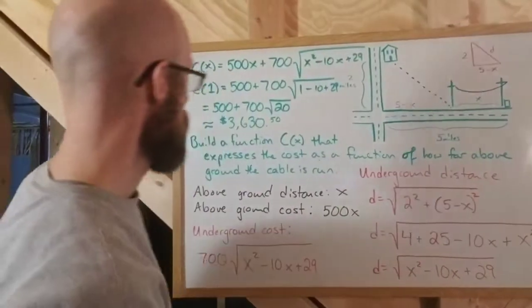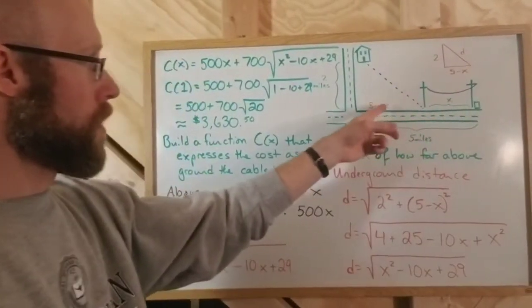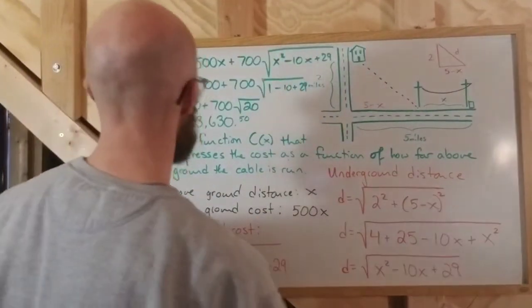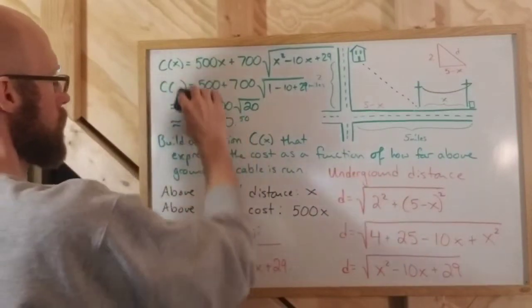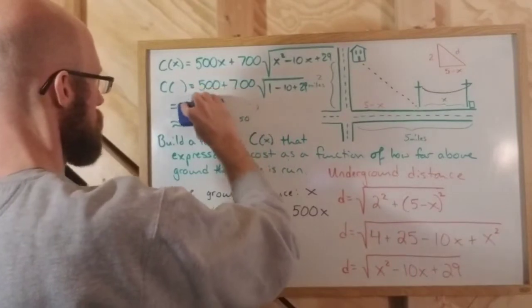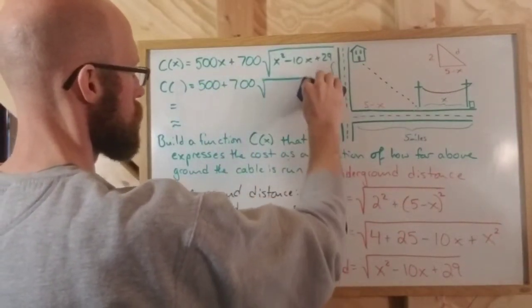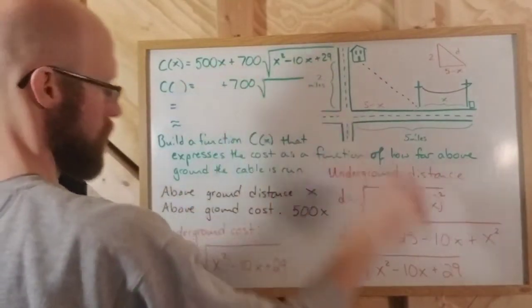Okay, if I wanted to do that, let's say we ran the cable 4 miles over and then turn it in toward the house. Oh, we can just plug in a 4 instead of a 1 and do the same sort of thing. These values will all change. The 500 changes.